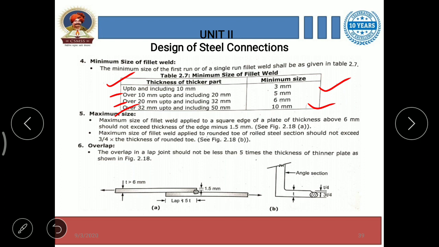Here the maximum size. This figure A is regarding the maximum size for the first point. Here the plate thickness is above 6 mm, and the size should not exceed thickness of edge minus 1.5.